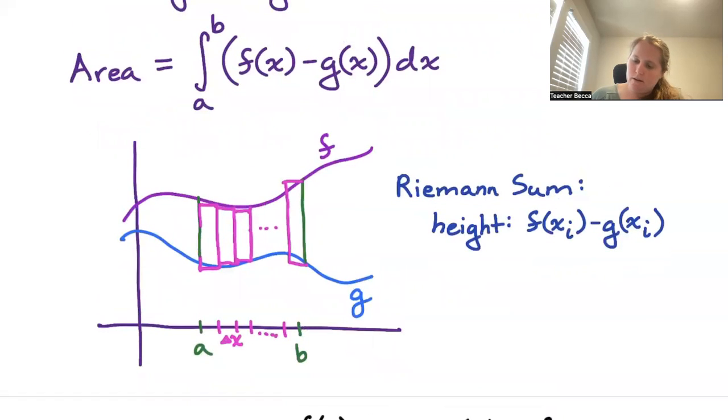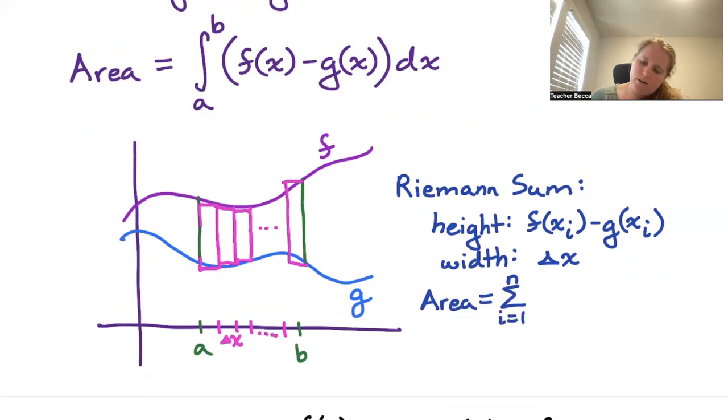Our width is delta x, and so we would be looking at the area equaling the sum from i equals 1 to n of f of xi minus g of xi times delta x.